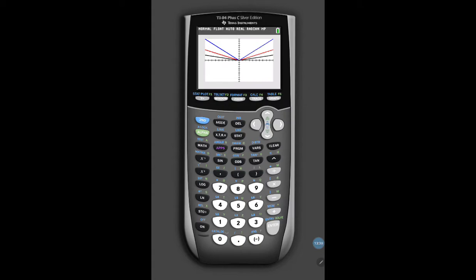So basically, the closer your a value gets to 0, the wider or the more compressed it's going to get. So as a gets close to 0, what you'll notice is that the lines on the absolute value, or it would be the same thing for a parabola or whatever, they seem to be getting close to the x-axis.